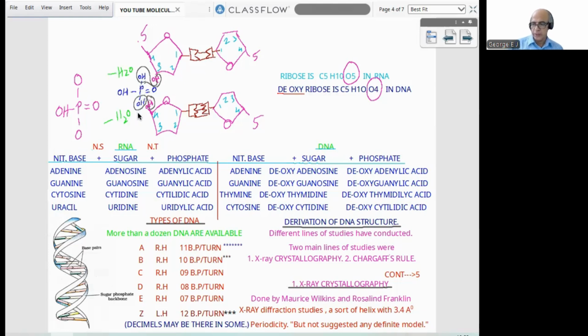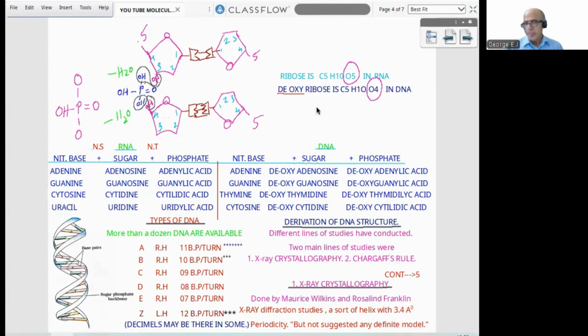Phosphoric acid is H3PO4, so P only one, 3 H, 4 O. It will be linked with the OH of the sugar. Here one water molecule will be eliminated, and here another, so two water molecules will be eliminated, and that forms a diester bond. That is how the bond is formed, and that is how they are linked: phosphodiester bond, nucleotide formation.